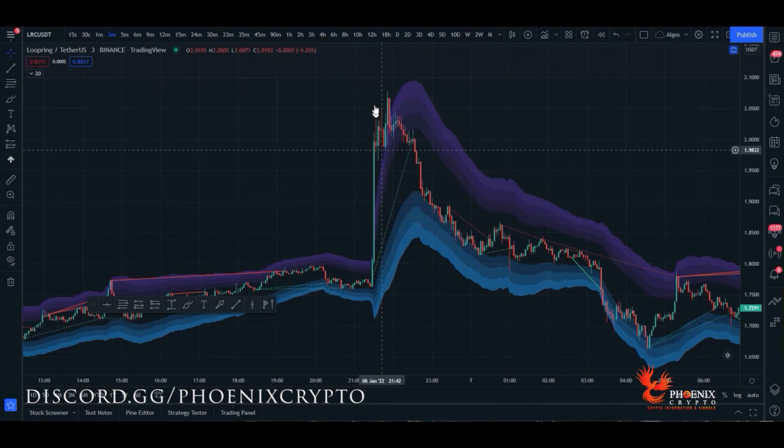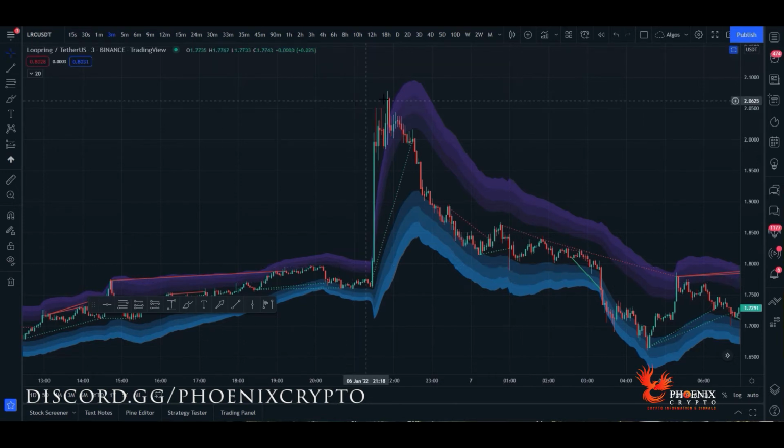Price can only sustain being outside this cloud for a certain length of time. And it always, but always catches back up, right? There is no coin, no asset that has gone up and never come back down again. Corrections are normal, but this isn't a correction. This is simply people taking profit.